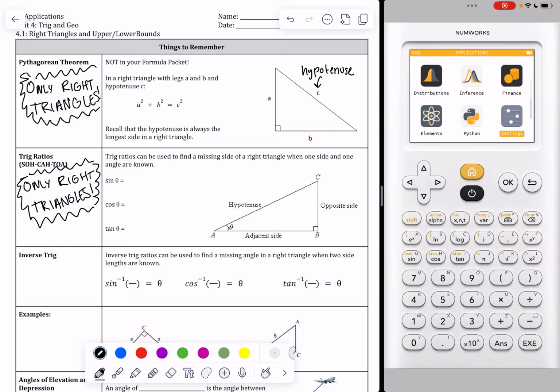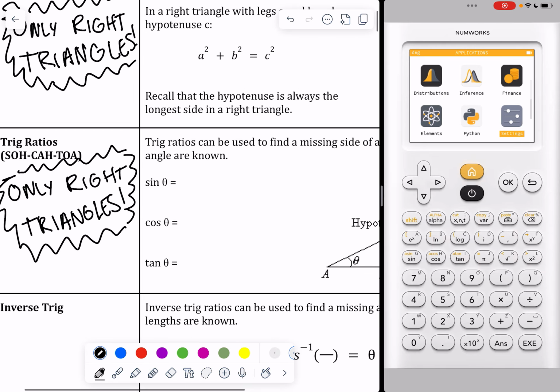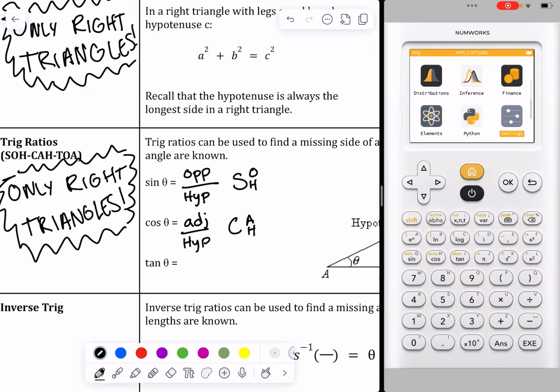So when we've got SOHCAHTOA, for sine, it's always going to be the opposite over the hypotenuse. When we think of it, it's S-O-H. For cosine, it's CAH, so that will be the adjacent over the hypotenuse. That's C-A-H. And then lastly, tangent will be the opposite over adjacent, so TOA.